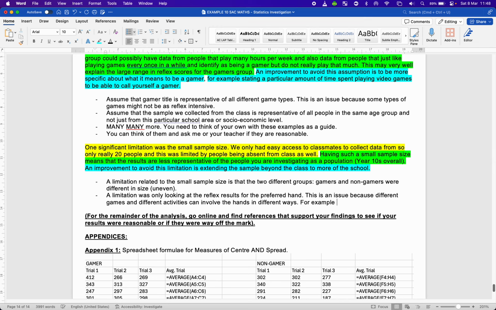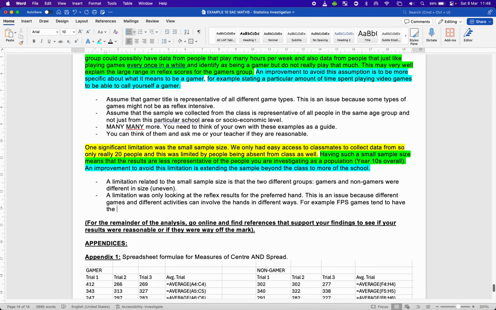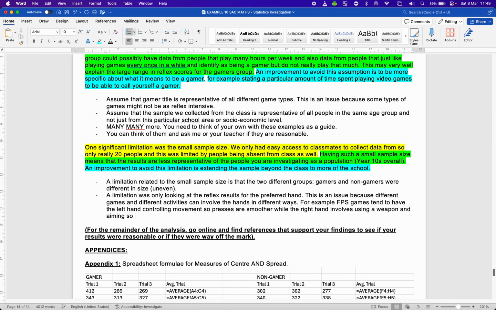For example, FPS games tend to have the left hand controlling movement, so presses are smoother, while the right hand involves using a weapon and aiming, so reflexes would be important for the preferred hand for that game style on the PC.